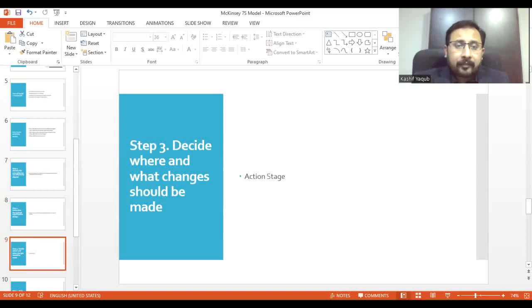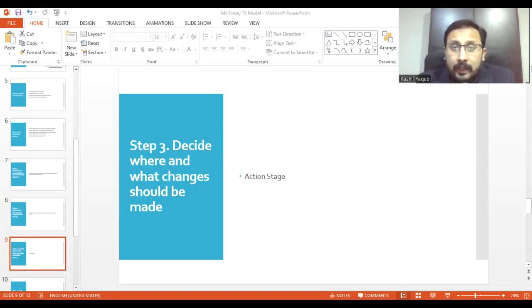Decide where and what changes should be made. As I said earlier, this is the action stage, right? You have to decide what changes should be made. If you find that your firm's structure and management style are not aligned with your company's values, you should decide how to reorganize the reporting relationships.